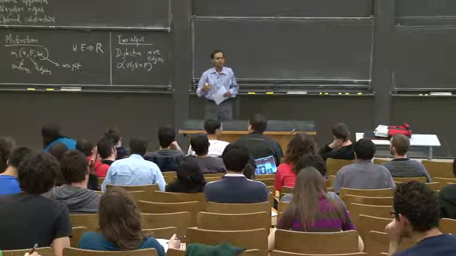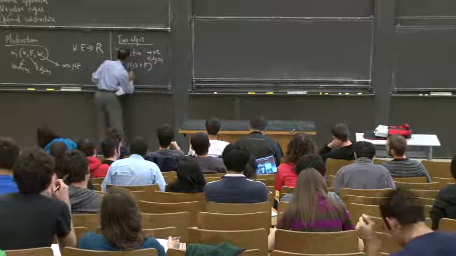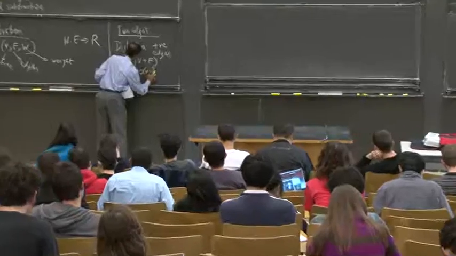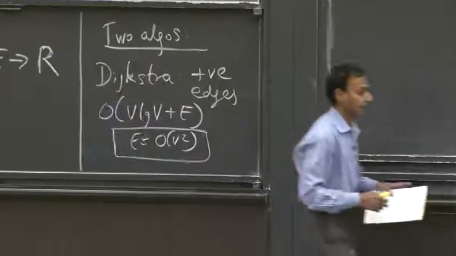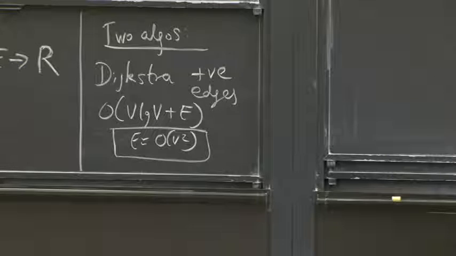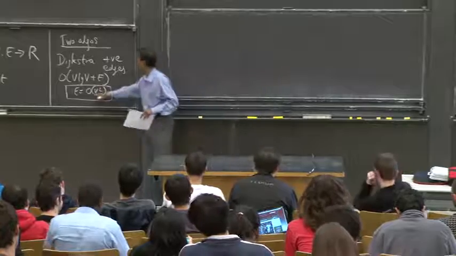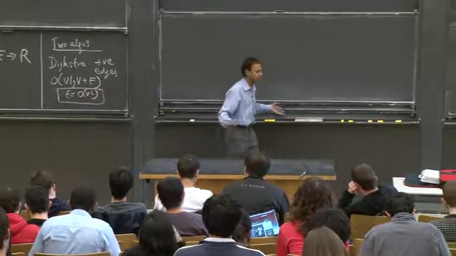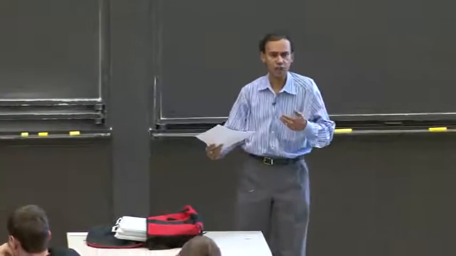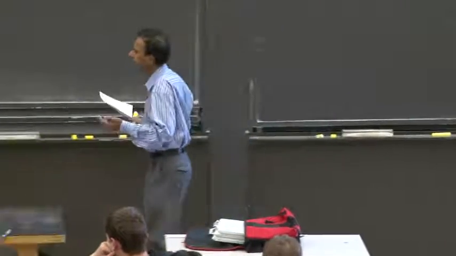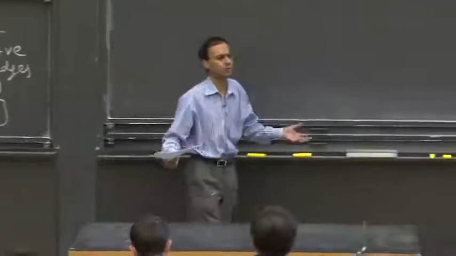Sorry, V squared, thanks. That's good. So you can think of E as being order V squared. And so now you can kind of imagine a complete graph. And a complete graph is something that has an edge between each pair of vertices. And that's where you'll get E being theta V squared.